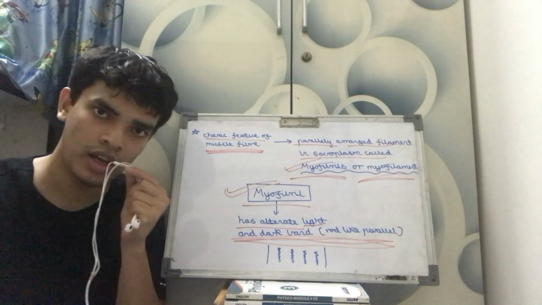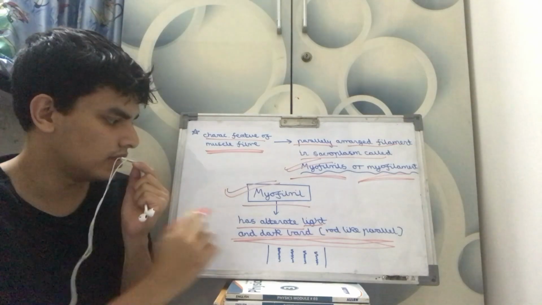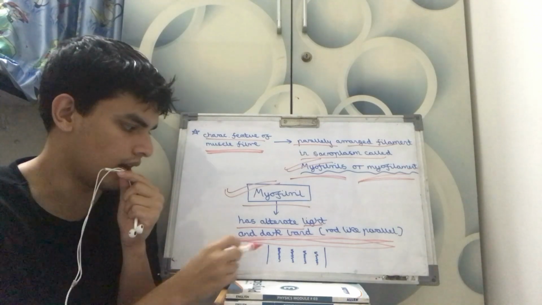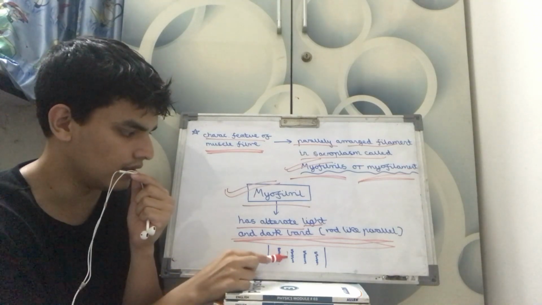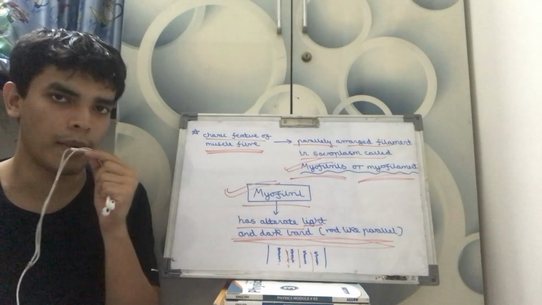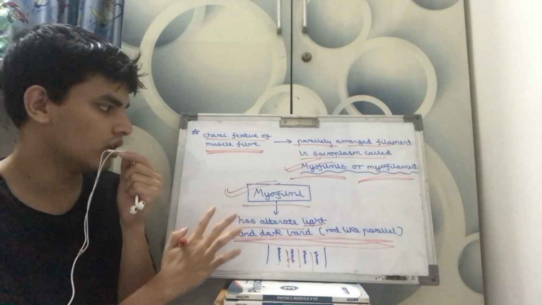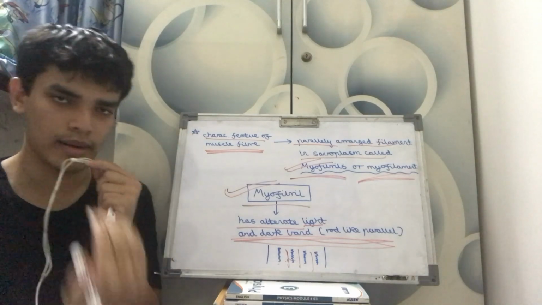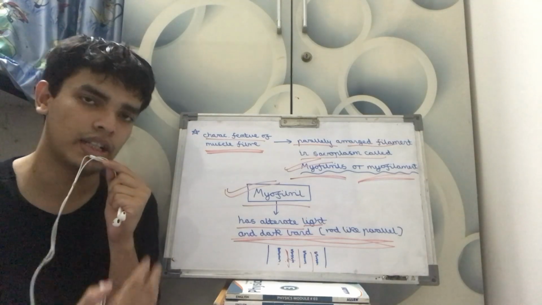Color के ऐसे light white. So just like that, it is arranged in bands. There is a dark band and there is a light band. Now we will further divide this into the I band and so on. It is further divided. I will tell you that.